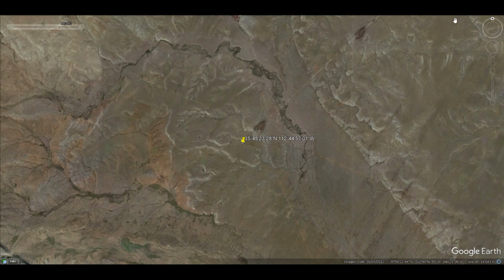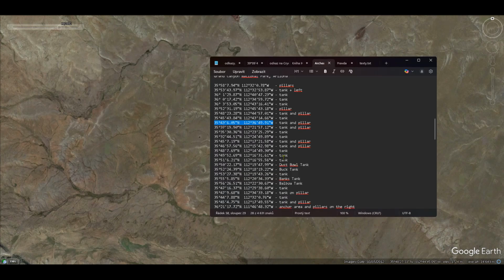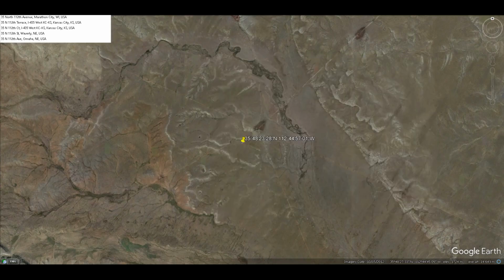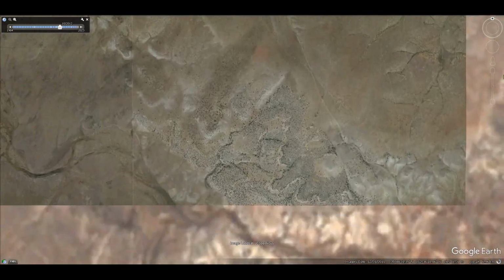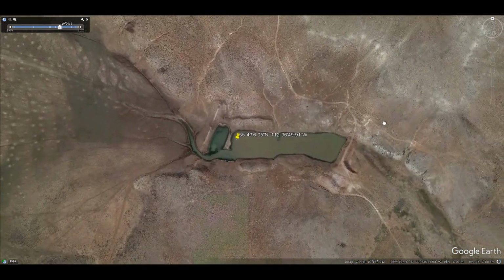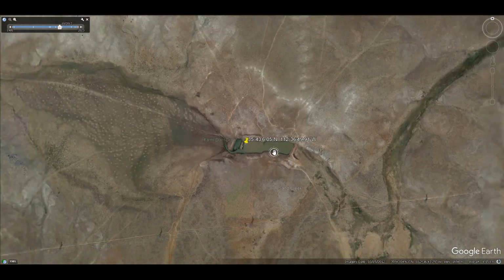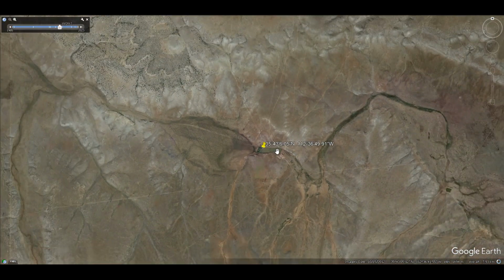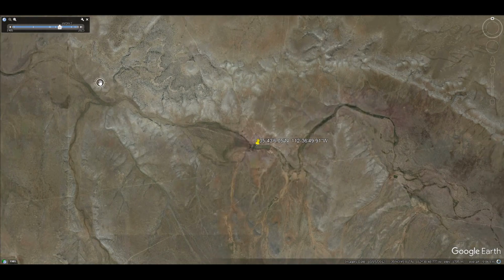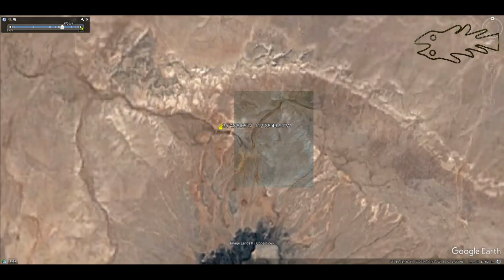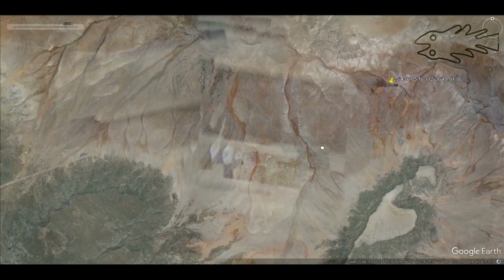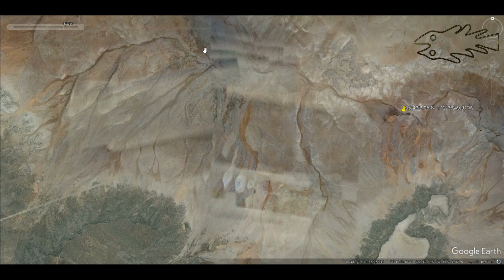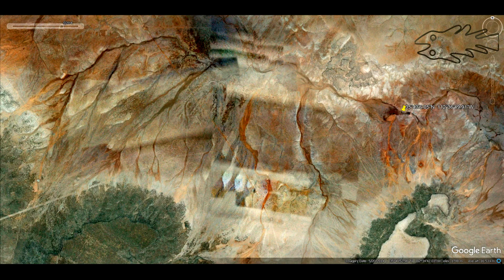Let's look at other areas. As you can see, there are a lot of finds here and we haven't seen everything yet.